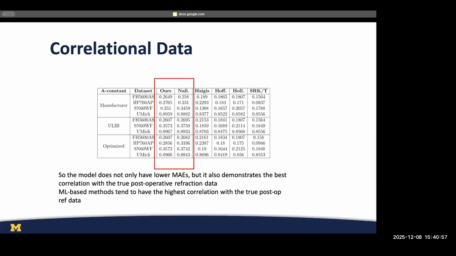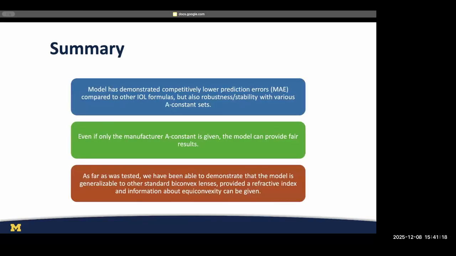We also looked at the correlations between our model's results and the true postoperative refractions. And we found that our model and the Nallasamy formula both had the highest correlations between our predictions and the true postoperative refractions. So in summary, we found that our model demonstrated competitively lower prediction errors compared to the other IOL formulas, but it was also more robust and stable across various A constant sets.